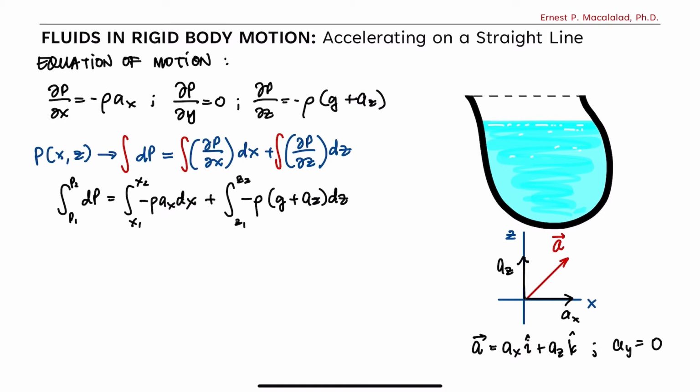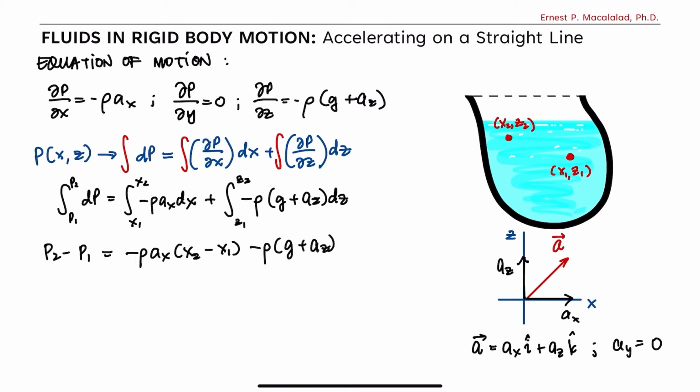Here, P1 and P2 are the pressures at x1, z1 and x2, z2. So we can rewrite this as P2 minus P1 equals negative rho ax times x2 minus x1, minus rho times g plus az times z2 minus z1.